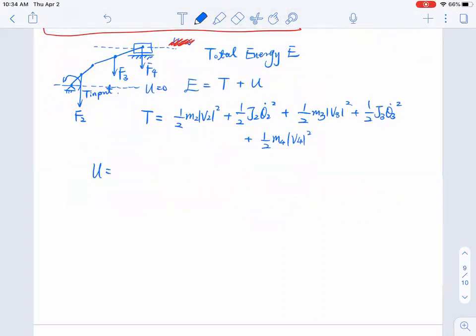So U equals the gravity times the distance, right? Delta h2. This distance is the distance of your center of gravity away from the reference line. In this case, your center of gravity is d2, which means this red line is going to be delta h2. The same way, this height is going to be your delta h3.